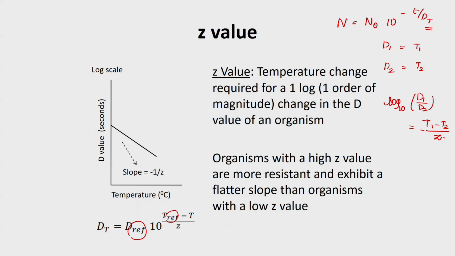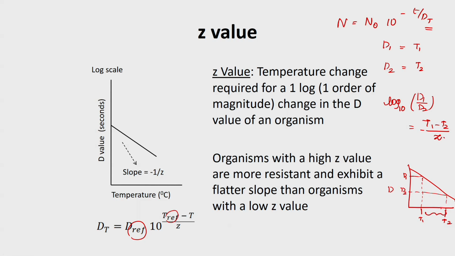So, this is the D value in seconds, or I will put something like this, right. If I have a temperature T1 and a temperature T2, this is my D value. For T1 I will have the D1 value, at T2 I will have D2.